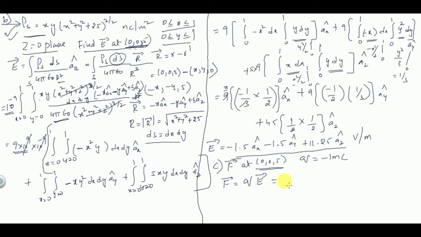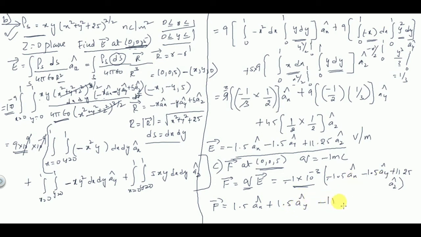I'm writing directly: minus 1 into 10 to the power of minus 3, q value is minus 1 millicoulomb, into (minus 1.5 ax cap minus 1.5 ay cap plus 11.25 az cap). So the final answer will be, the force will be 1.5 ax cap, since minus into minus is plus, plus 1.5 ay cap, minus 11.25 az cap.